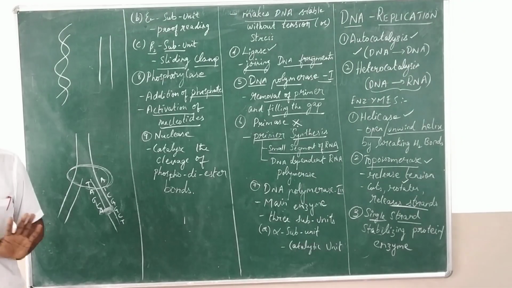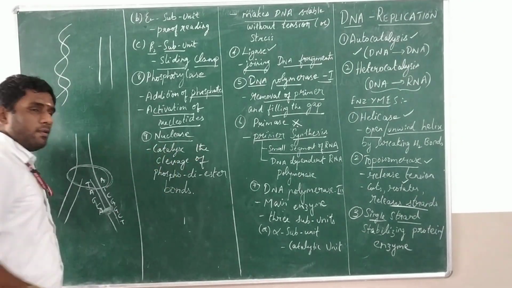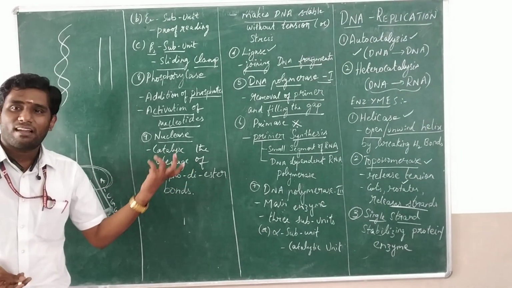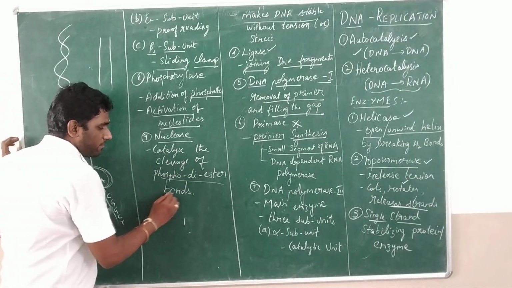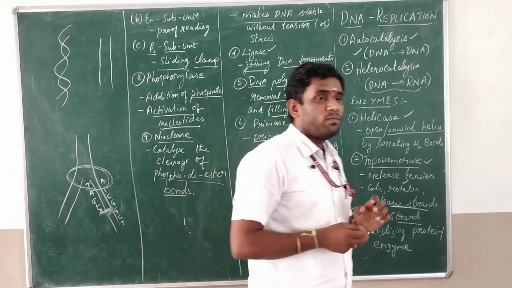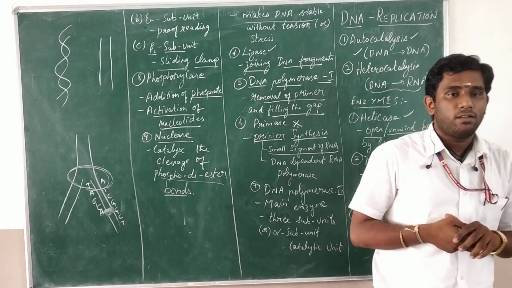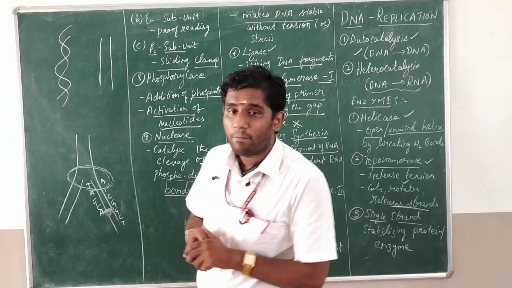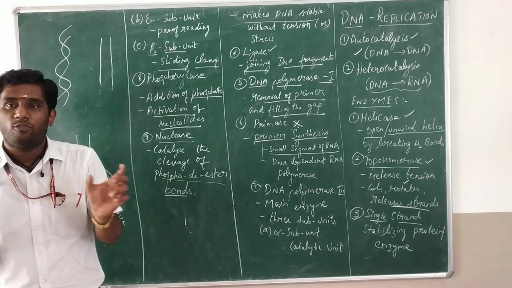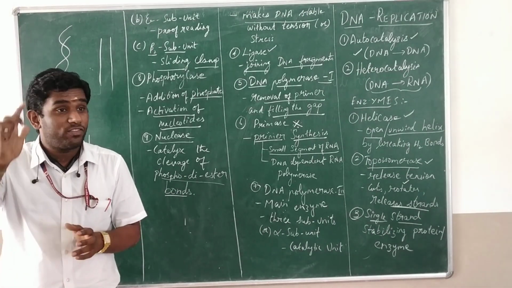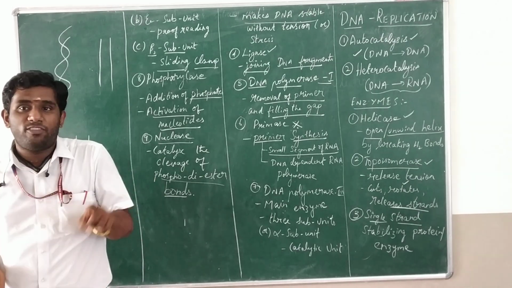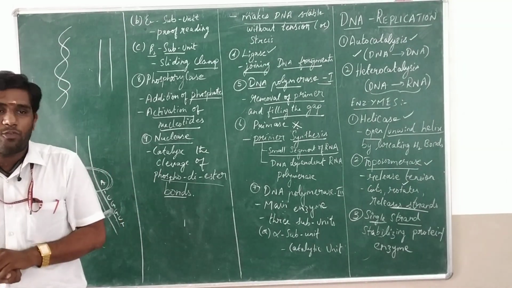Now the final thing is nuclease. What nuclease does is catalyze the cleavage of phosphodiester bonds. Where does the phosphodiester bond take place? It takes place between the phosphate and the pentose sugar, the fifth carbon of the pentose sugar, and any one free OH group of the phosphoric acid.